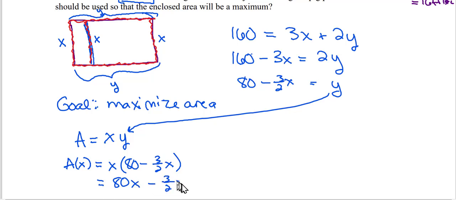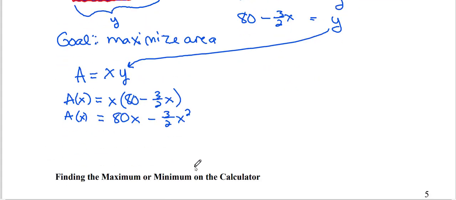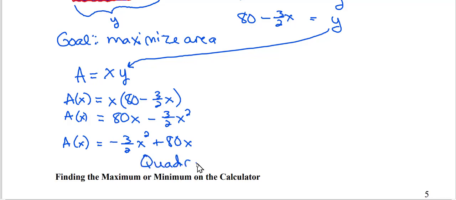I'm going to go ahead and distribute that. I have my area, A of X, is 80X minus 3/2 X squared. It might help you to see this in descending order, putting that highest exponent first, to recognize that this is quadratic.